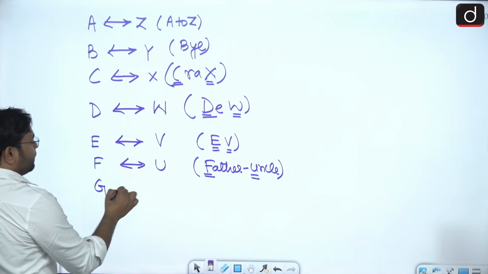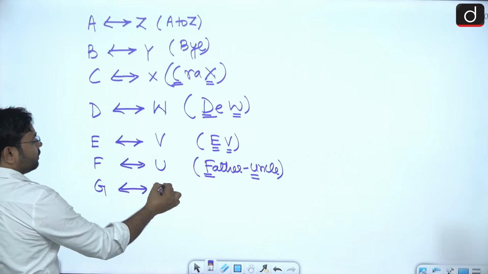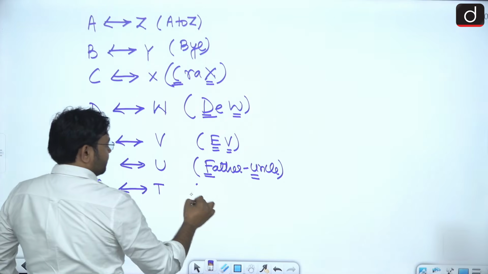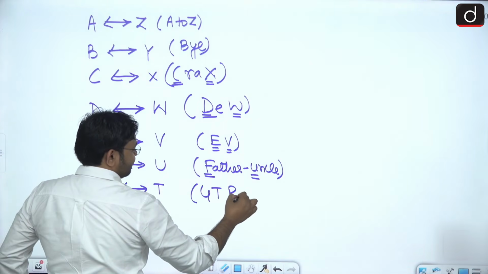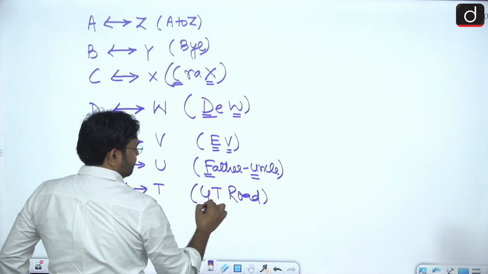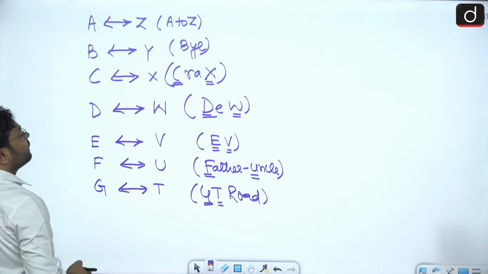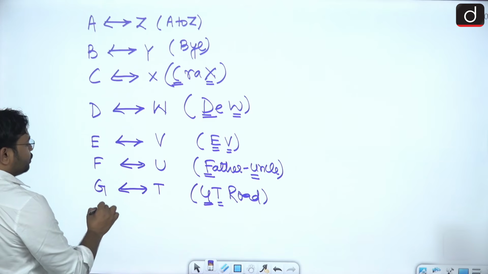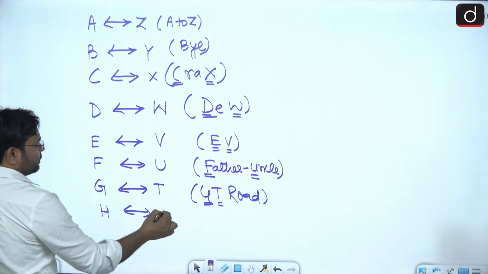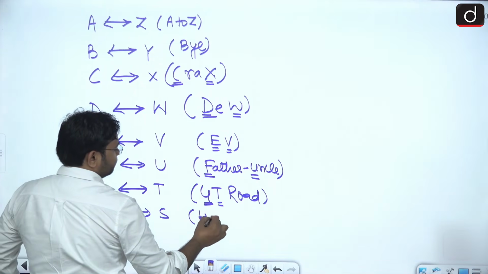Then G. You know GT Road. G is opposite to T. Then H. Opposite to H is S. High school.